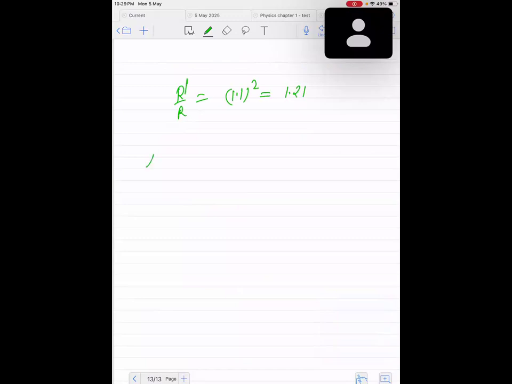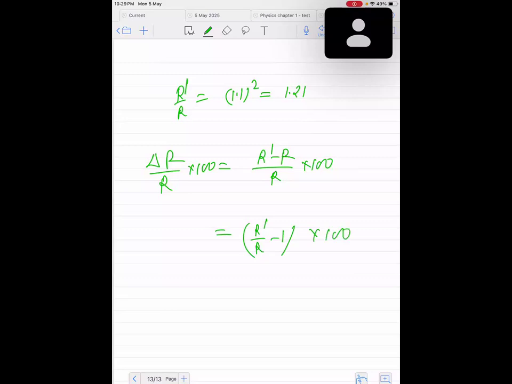So the percentage is R prime minus R, which means 1.21 minus 1, means 0.21 into 100, means 21%.